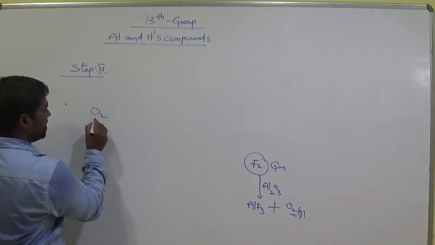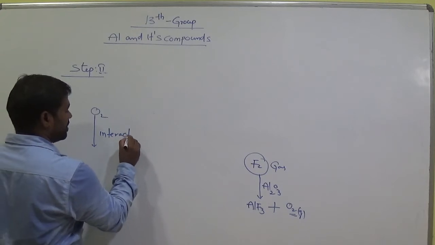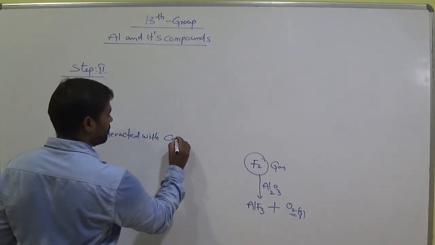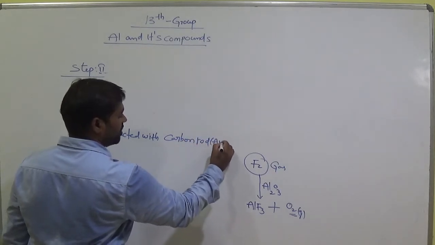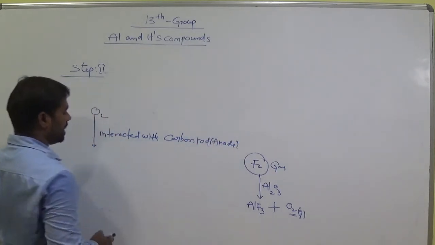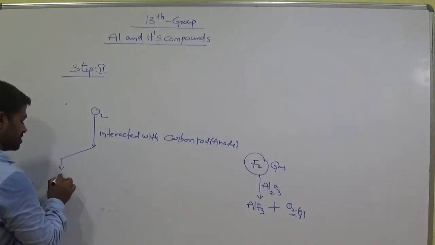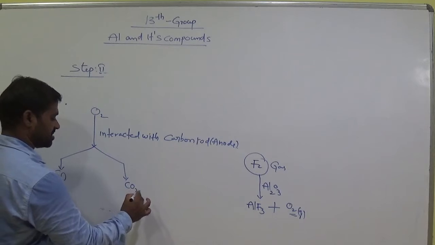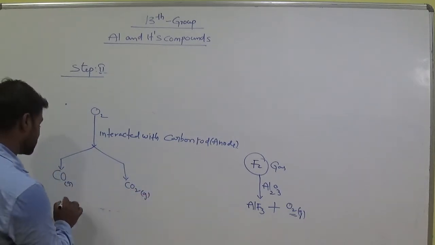That O2 gas interacts with the carbon rod, which is the anode, and produces carbon monoxide and another one, CO2 gas. What do we call it, students?